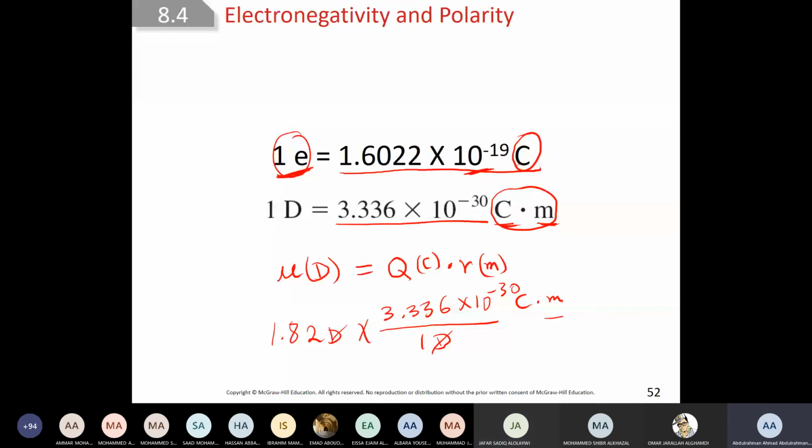Go and give the answer quickly on your calculator.